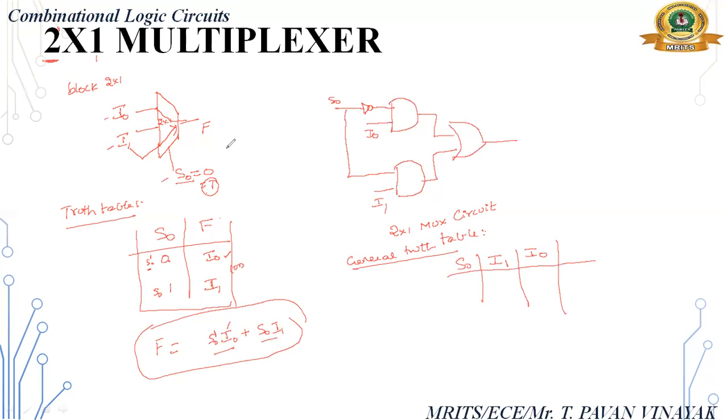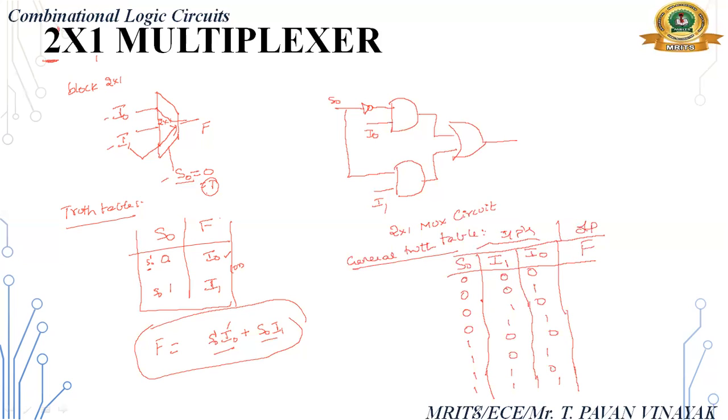And F, output is F. This is output, remaining three are inputs. So here we have three inputs, right? We have three inputs. How many combinations occur? 8 combinations. 0, 0, 0, 0, 0, 1, 0, 1, 0, 0, 1, 1, 1, 0, 0, 1, 0, 1, 1, 1, 0, triple 1. Right?